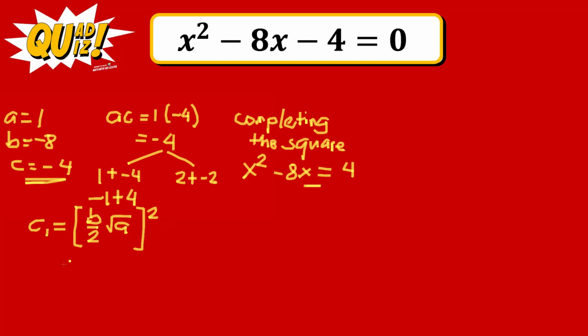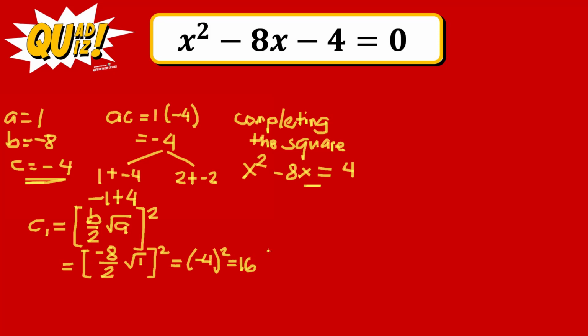So plug in all the values here. For our B coefficient, you will have negative 8. Don't worry about the negative. Divide by 2 times square root of 1, because we are going to take the square of it anyway. So we'll have the square of negative 4, and we will get the result of 16.